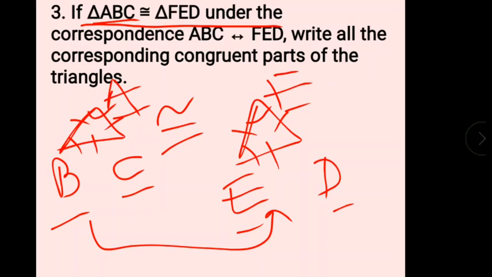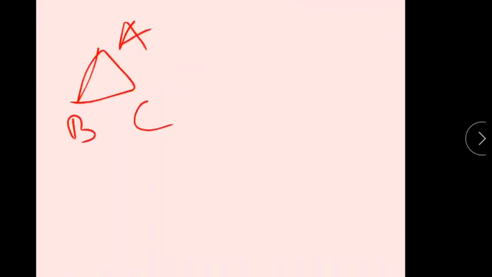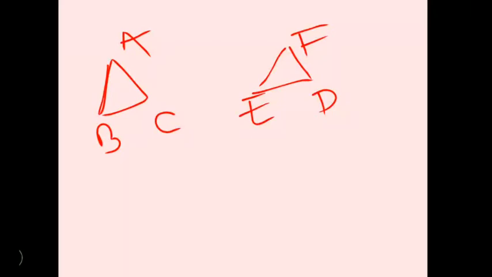So corresponding parts means, suppose you have triangles ABC and FED, right? Now you have to write the corresponding parts. They may be equal with the angle, they may be equal with their side, right?